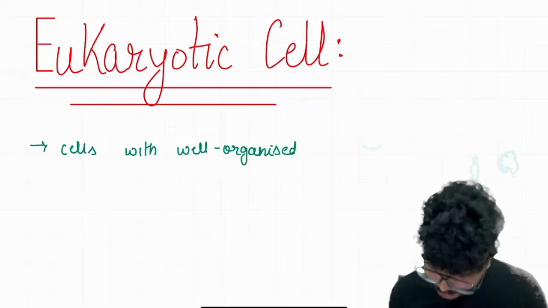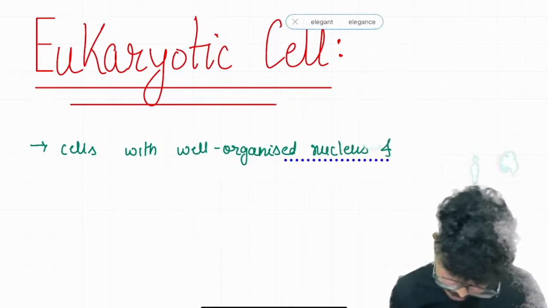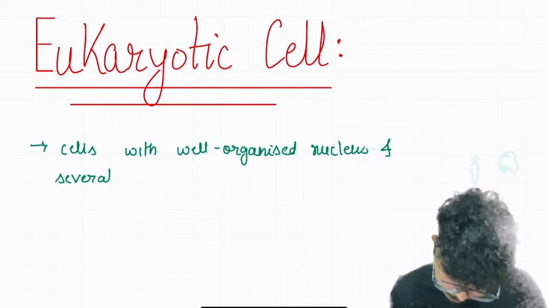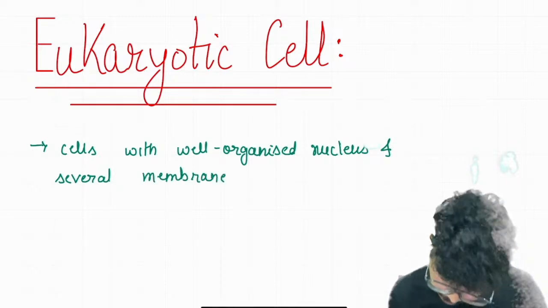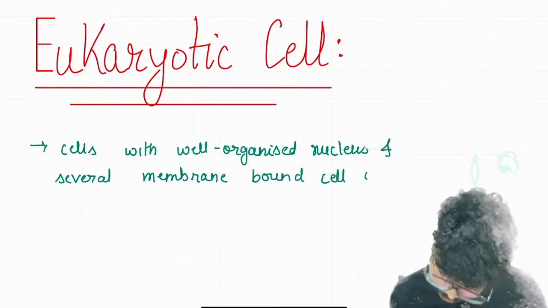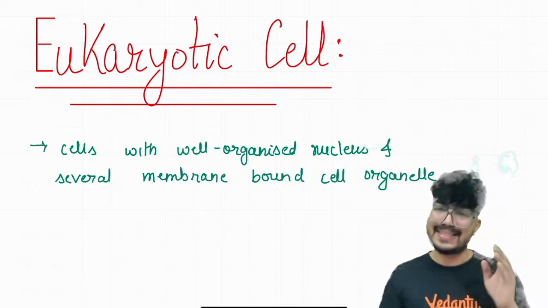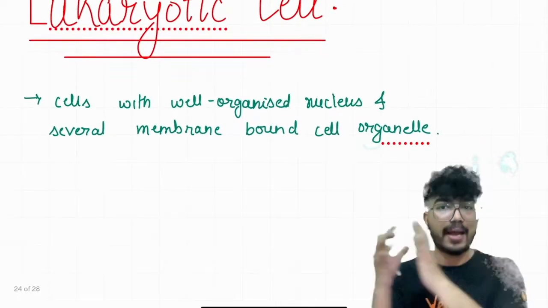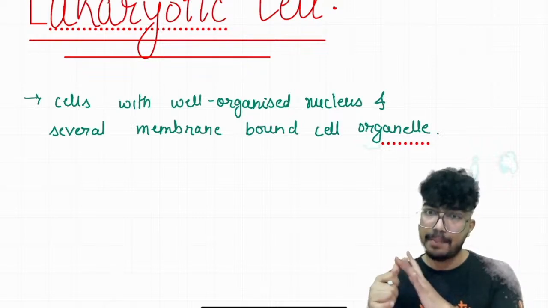Well organized nucleus and several membrane bound cell organelles. So except the kingdom Monera, we have four other kingdoms left, right? Protista, fungi, plantae, and animalia.